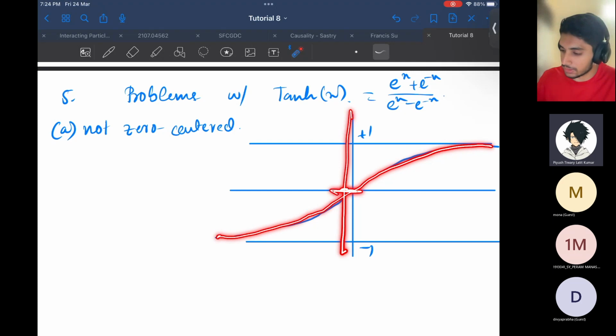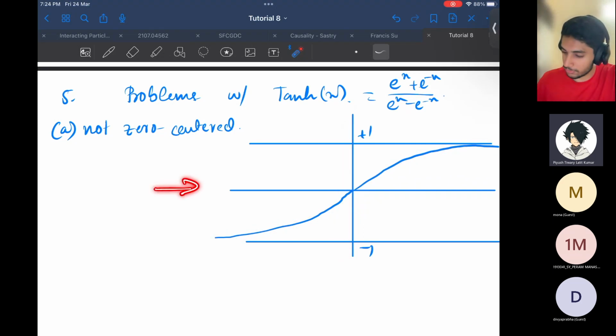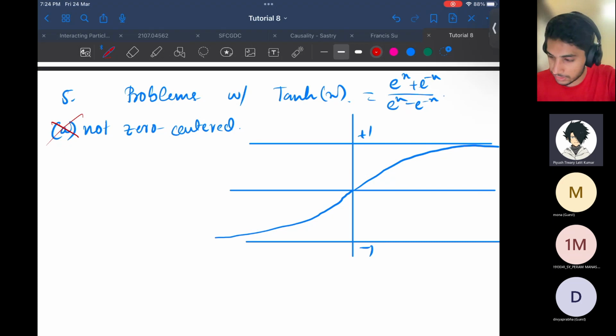Zero is in the middle of the y-axis, the two halves of the y-axis. So it is zero centered. So this is not a correct option because it is saying that it is not zero centered. It is zero centered.